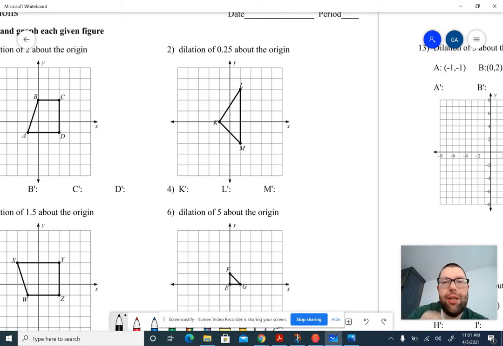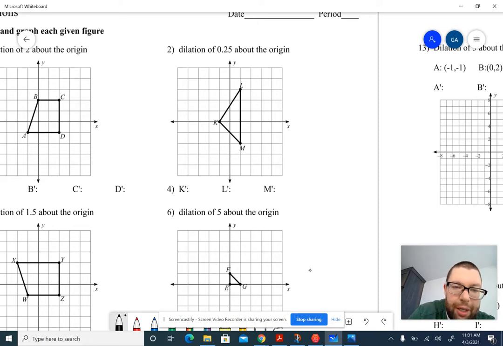So first thing I'm going to do, since I have this shape, is figure out the coordinates of each of these points, right? These are the points where your shape's kind of ending. If you find those points, you can just multiply them by your dilation number and you should get your new points, or your primes.